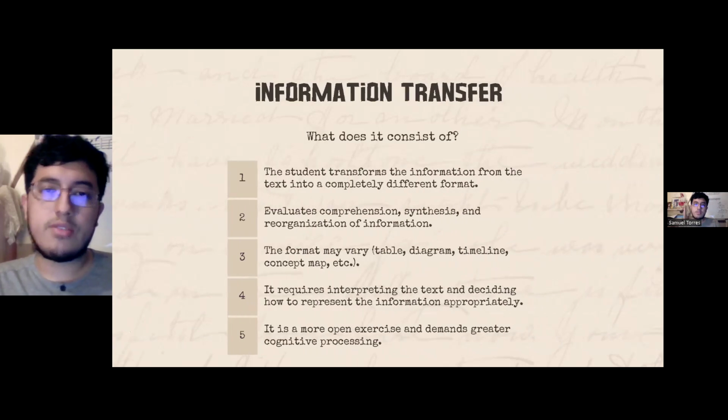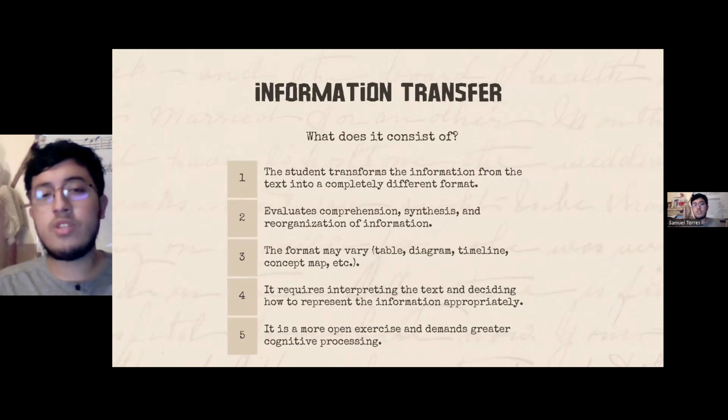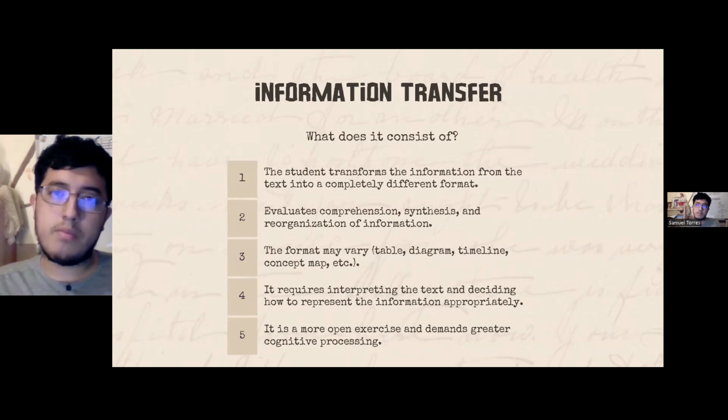The second exercise is information transfer. This is almost the same, but here the student chooses the way he does that.